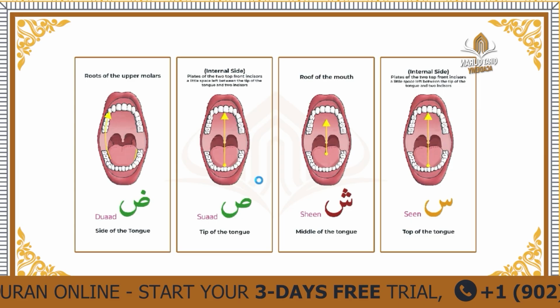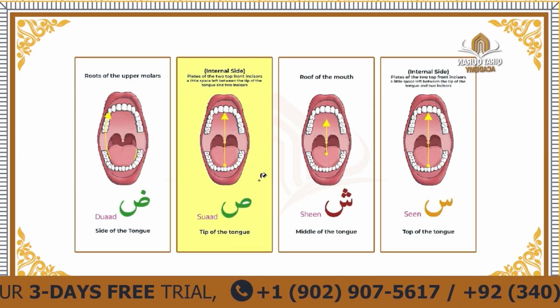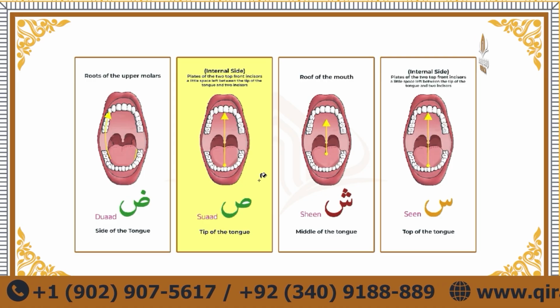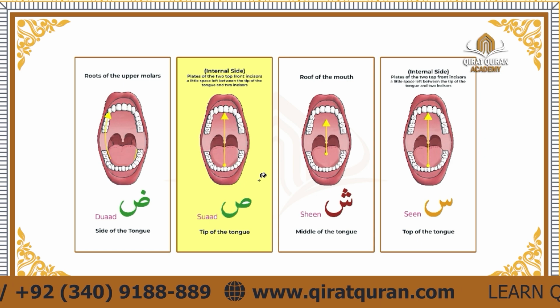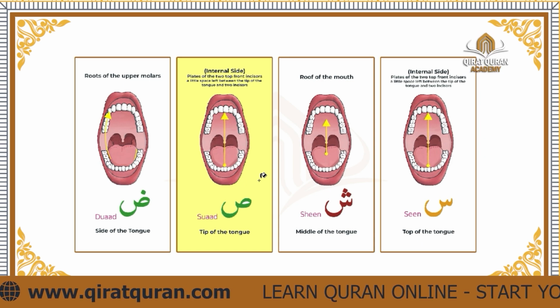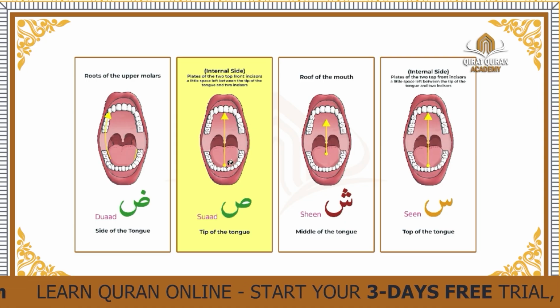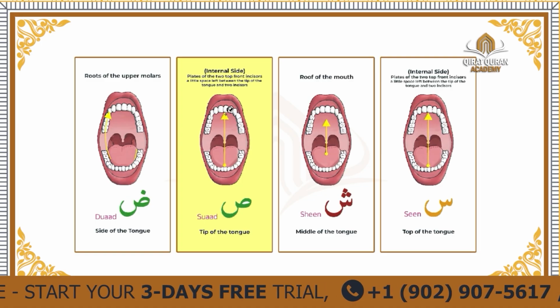Now how to pronounce swad? This is similar to the seen. The origin of swad is the same as seen, and that is the tip of the tongue near the inner plates of the upper central incisors. This is the tip of the tongue. These are the central incisors, the top two central incisors.